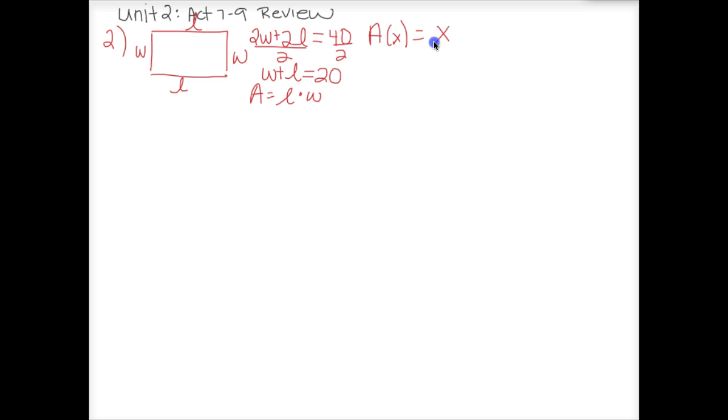So if x is my length, then my width has to be 20 minus the length, because I would just subtract the length from both sides. So in this case, 20 minus x. That is how I came up with my answer in number 2. I had put "or equivalent" because if you multiplied this out by distributing, certainly that answer would be acceptable as well.